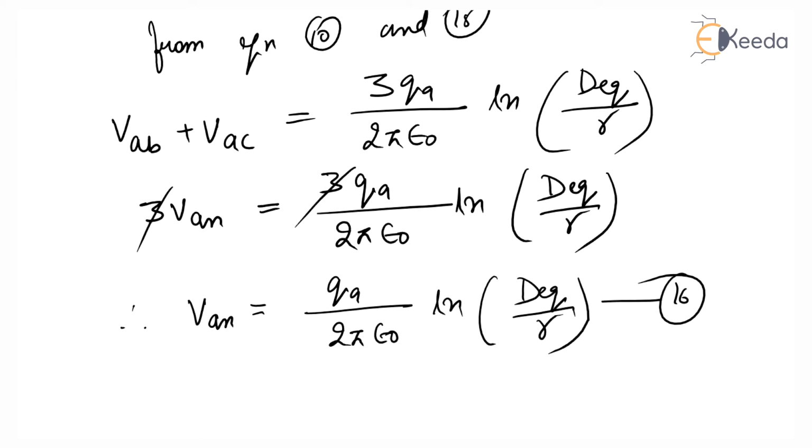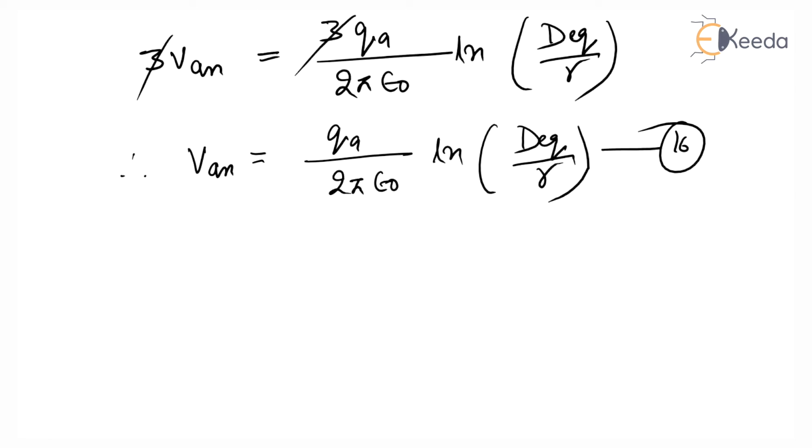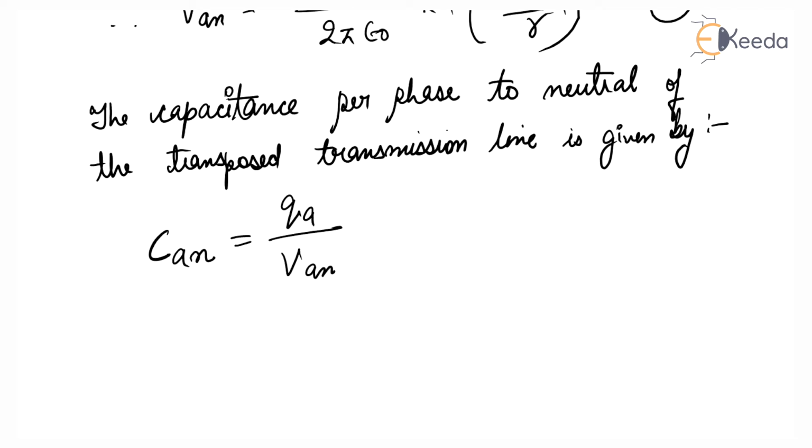So the capacitance per phase to neutral of the transposed transmission line is given by CAN, which is equal to QA upon VAN. Now put the value of VAN.